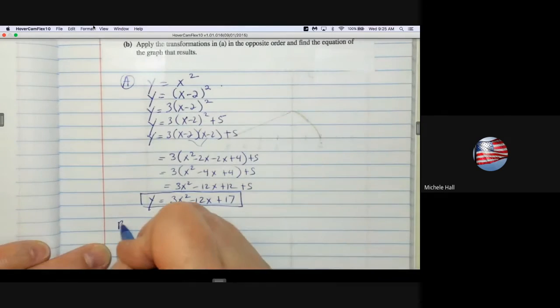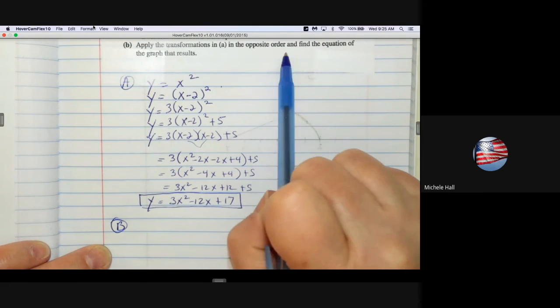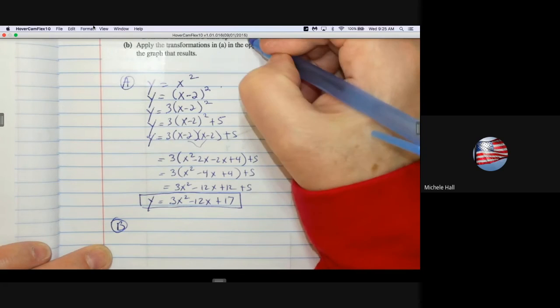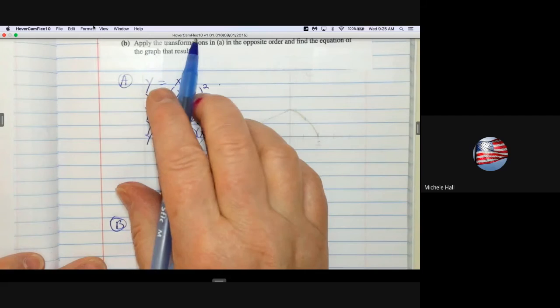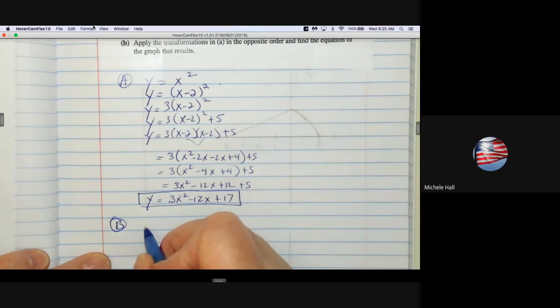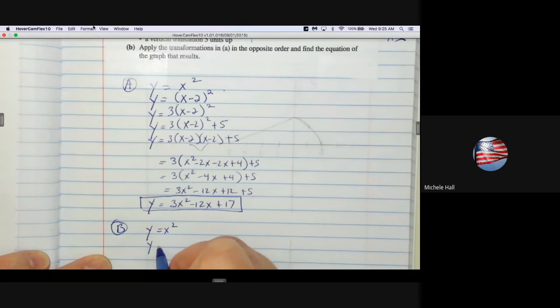B says to apply the transformations in A in the opposite order. So we're going from the bottom up this time. Vertical translation up 5 units. So we're starting with y equals x squared, and we're translating up 5 units, plus 5.